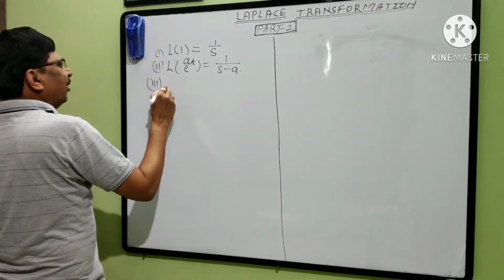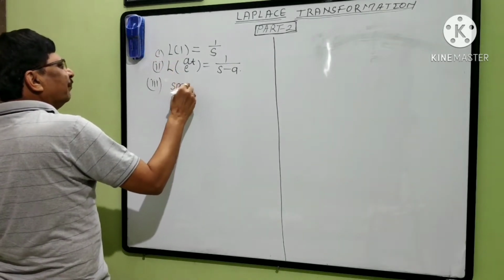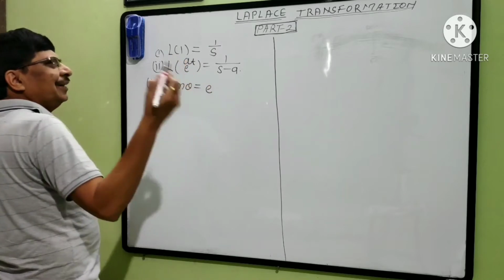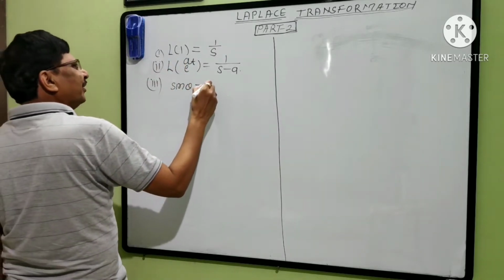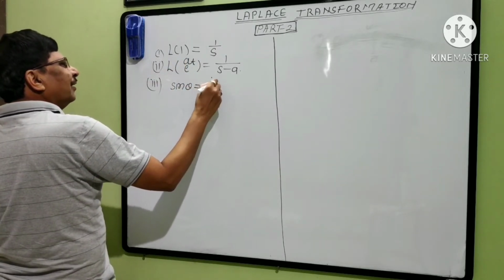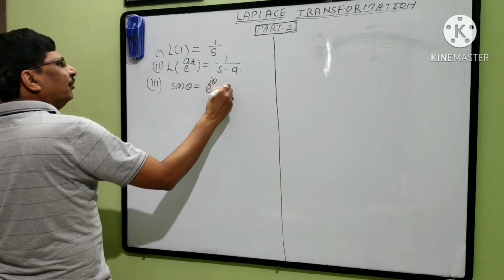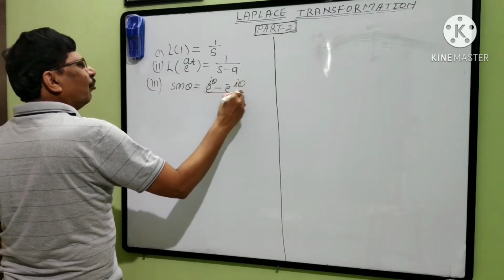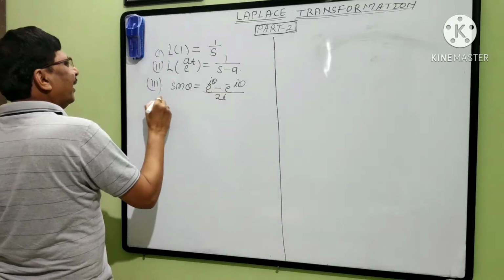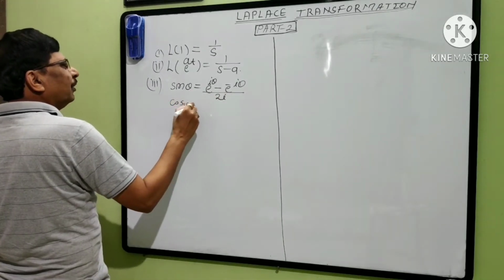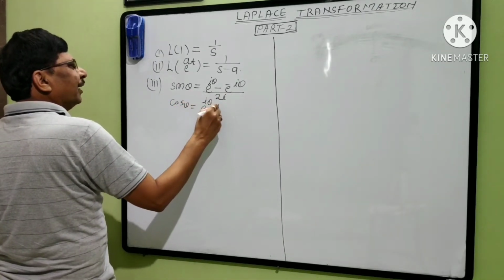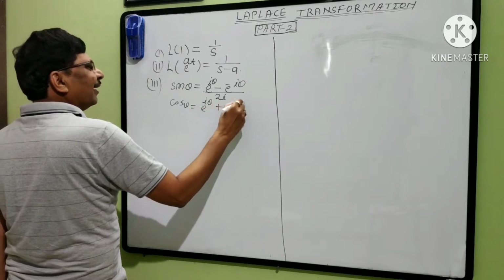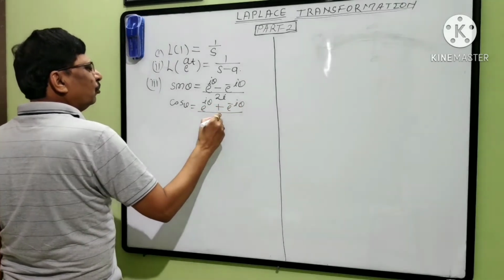Sin theta is e raised to i theta minus e raised to minus i theta upon 2i, and cos theta is e raised to i theta plus e raised to minus i theta upon 2 only.